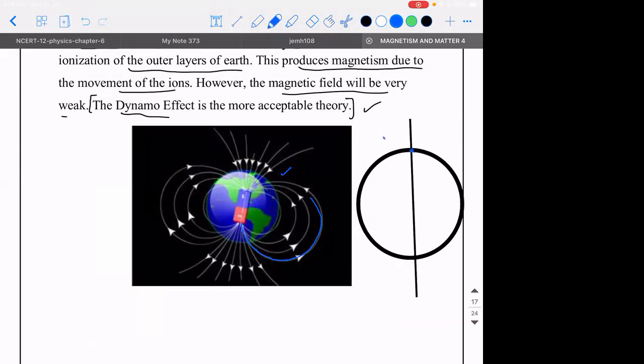This part is called the geographic north, and this part is called the geographic south. Are you guys able to understand? So if there is an imaginary line passing through the geographic north and the geographic south, then this is called the geographic axis. Am I clear with this? Yes.